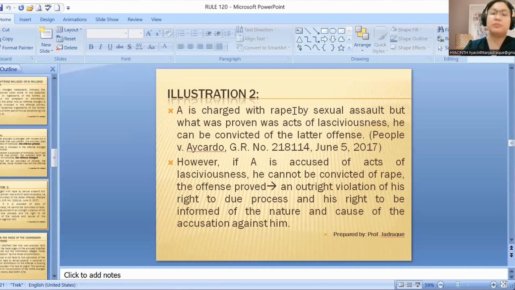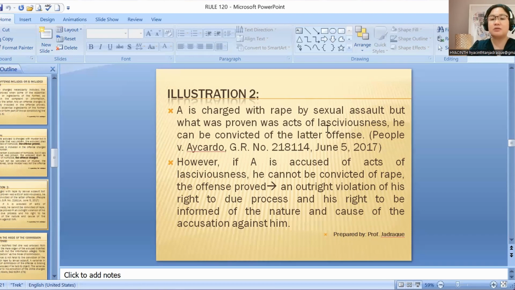Now, it could be possible that the accused cannot be made liable for rape by sexual assault if the prosecution failed to prove the only element that distinguishes rape from acts of lasciviousness, which is intent to lie. So in other words, it could be possible that there is no actual rape that took place by inserting the finger, but it could also constitute the crime of acts of lasciviousness.